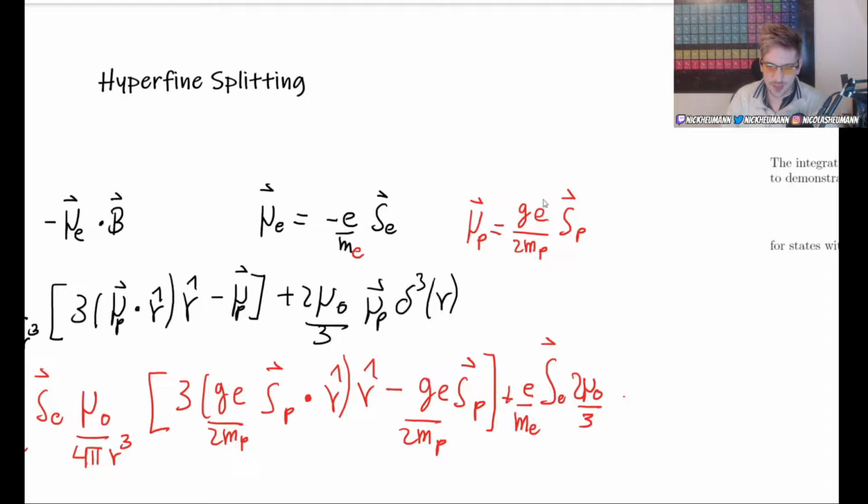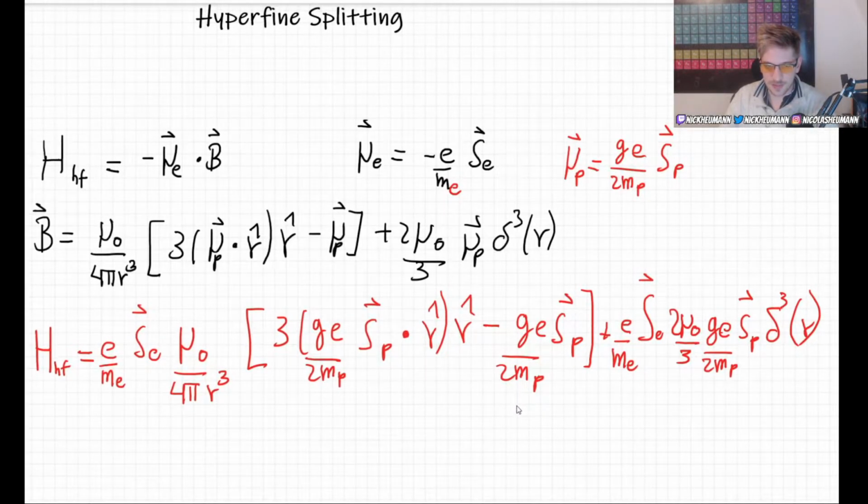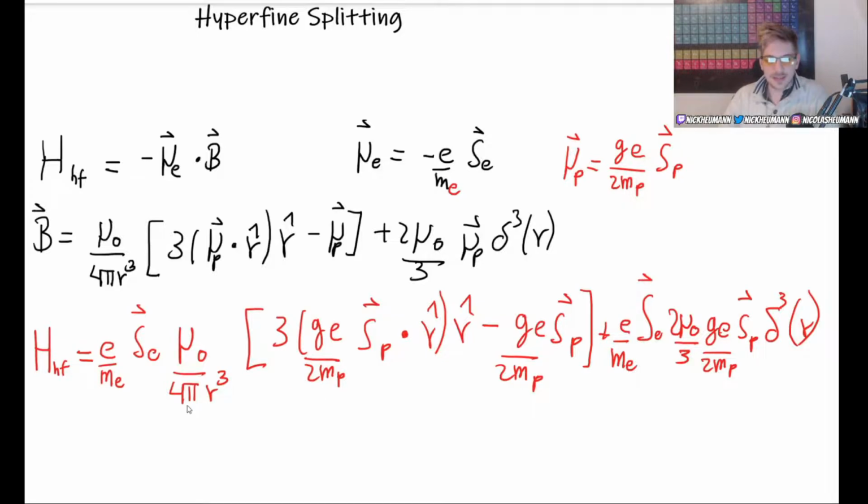Okay, now we have to plug in the magnetic dipole moment of the proton. So we plug in g e over 2 mass of the proton, spin of the proton, and then we finally have this delta here. All right, great. So this is the Hamiltonian, and we can still simplify it just a little bit.